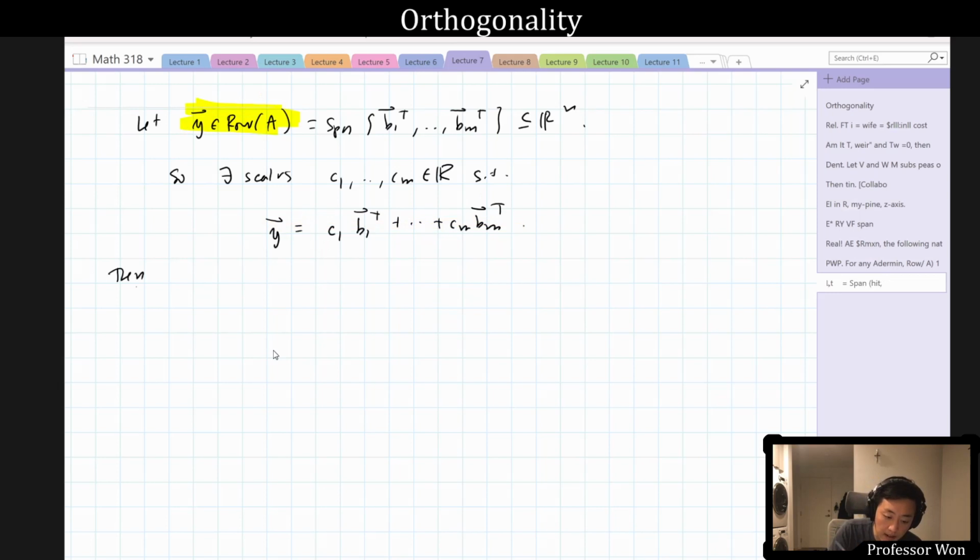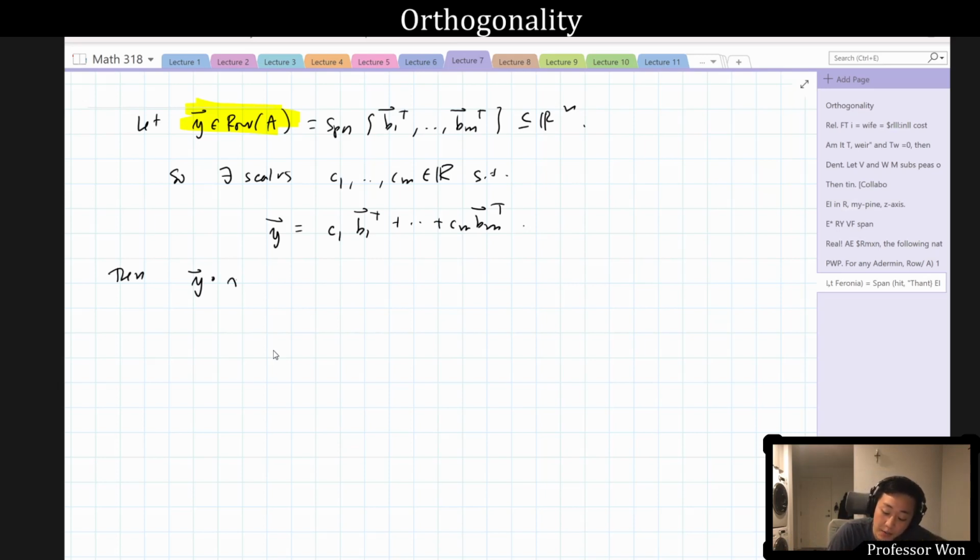Okay, then y dotted with x. Really, y, as I've written it, is actually a row vector, so I don't need to take its transpose to multiply it times x. This is a little bit sloppy in the notes, I think, but you get the idea.